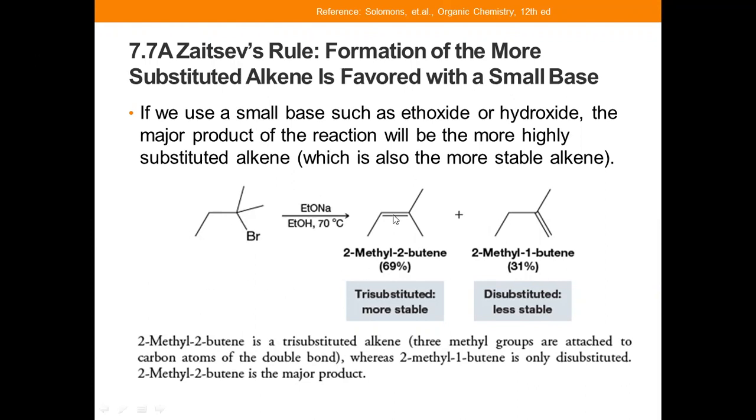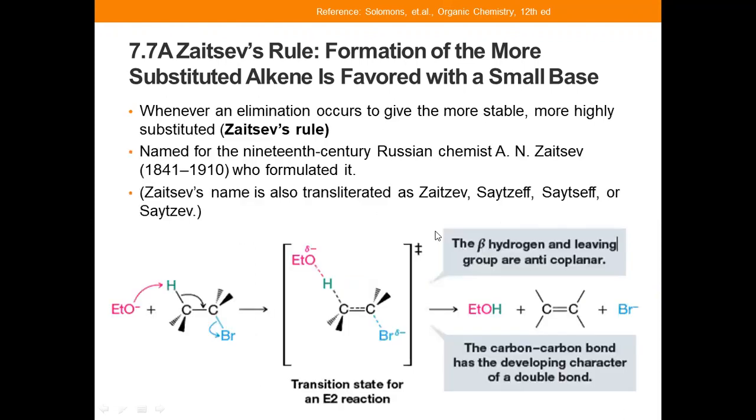So you see that for this reaction, a greater proportion will be obtained for the more stable alkene. And so when elimination occurs to give the more stable, more highly substituted alkene, we call this the Zaitsev rule, the one that we already discussed earlier.